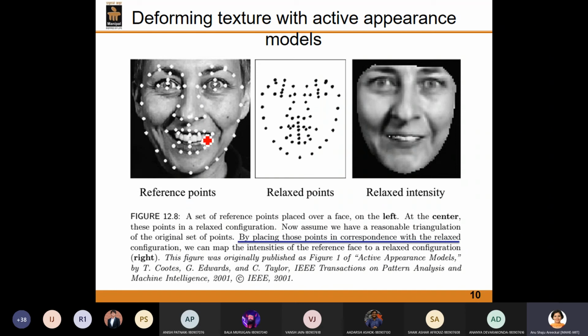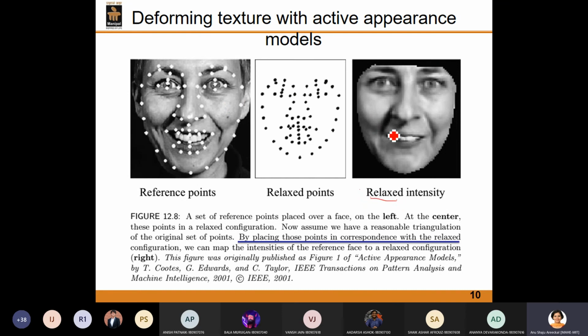So let us say that this is the image that you have, and these are the reference points present in the image. And these are the relaxed points. What you're trying to do here is, as an example, let's say I have an image of a smiling person, and I want to deform this image in order to create the image of a person who is not smiling, or rather, who has a relaxed face.